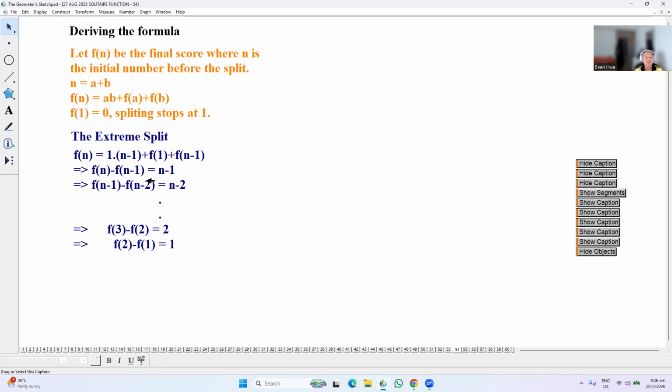This Fn minus 2 will cancel with Fn minus 2 in the next line. The F3 will cancel with F3 in the line above, and then minus F2 cancel with F2. So we are left with only Fn and F1, but F1 is 0. So the left-hand side is actually equal to Fn. The right-hand side will be adding all the numbers from 1 until n minus 1.